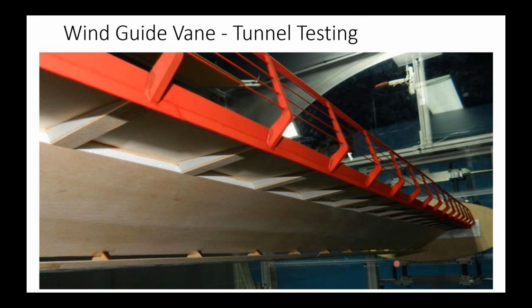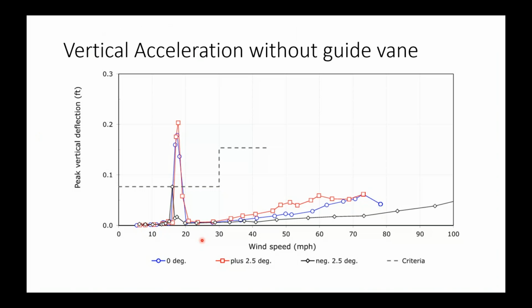So we went ahead and tested that. We added the guide vane to the bottom of the bridge. You can see it down here attached to this section, and we reran the tests. In those first tests, where we saw the vortex shedding behavior, and these are scaled deflections to the bridge scale, we saw more than 2 inches of oscillation was potential at relatively moderate wind speeds of around 20 miles per hour.